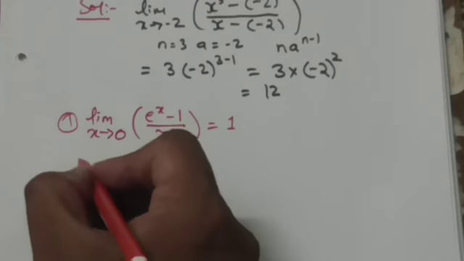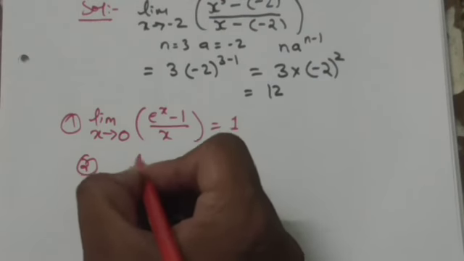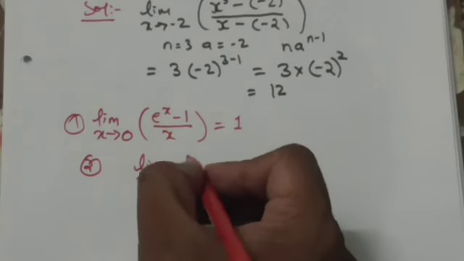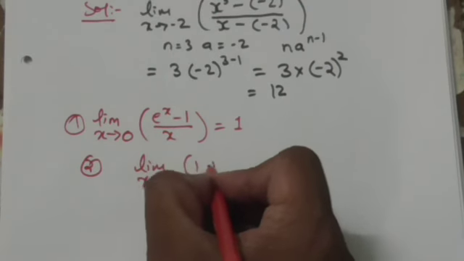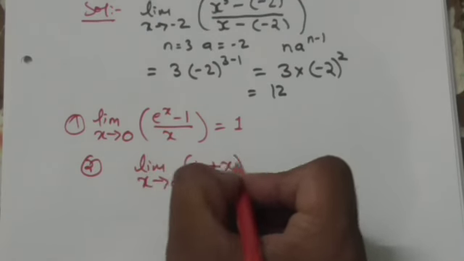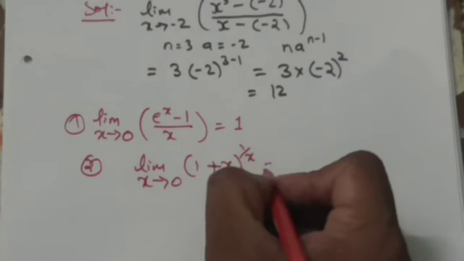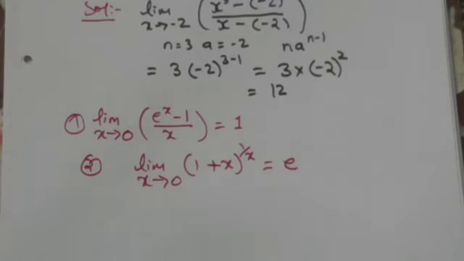Another theorem is limit x tends to 0, 1 plus x raised to power 1 upon x is equal to e. So these theorems are also helpful to solve the problems.